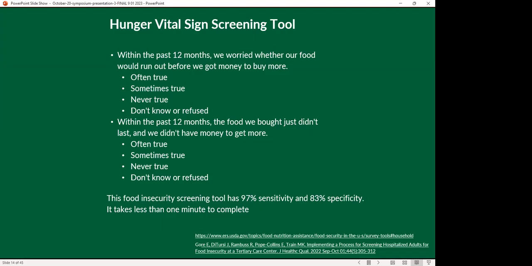And the questions are: within the past 12 months, we worried whether our food would run out before we got money to buy more. And within the past 12 months, the food we bought just didn't last and we didn't have money to get more. This tool has a 97% sensitivity and 83% specificity. And the good thing is that it only takes 1 minute to complete.